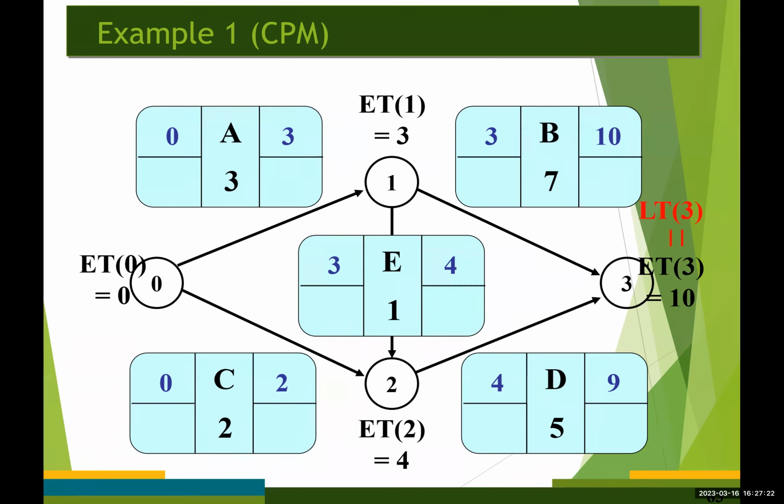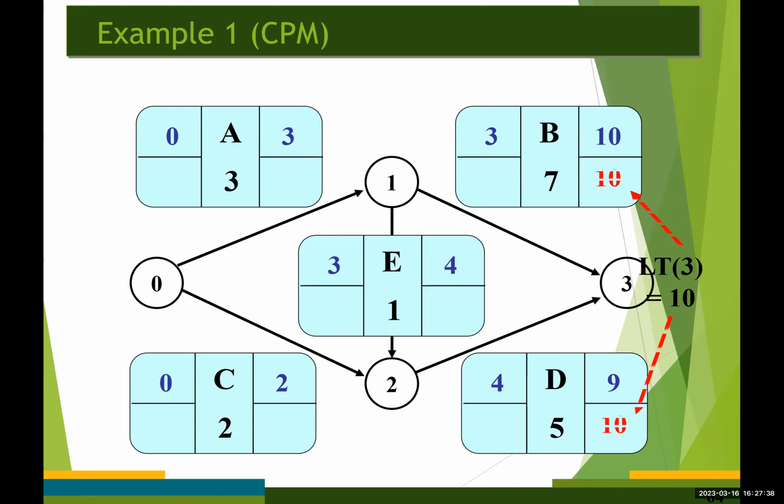Since we know the project can be completed in 10 days, the latest time for event number 3 becomes 10 automatically. And the latest finish time for activities B and D becomes 10.